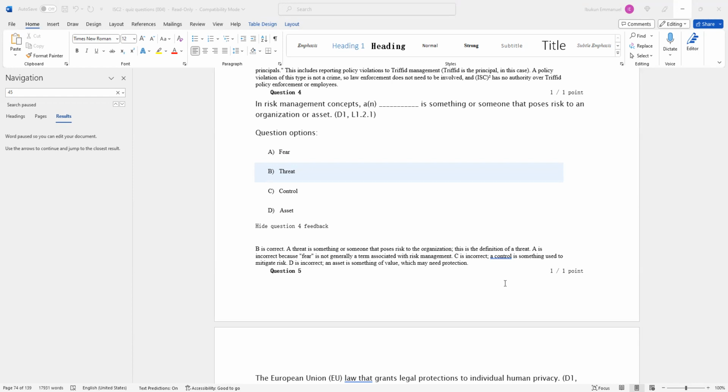Yep, so thank you, but you've all got it there. Reception, receptionist. All of these are controls that could be used to reduce the risk of laptops being taken away if they're left unattended at lunch time.